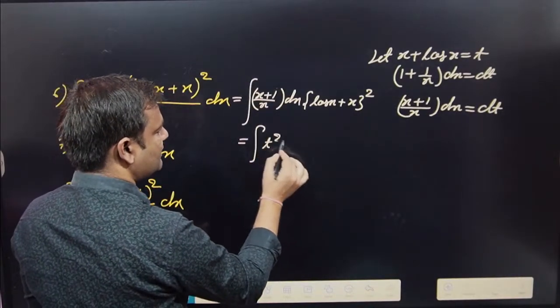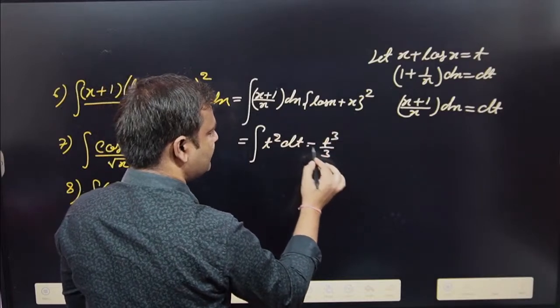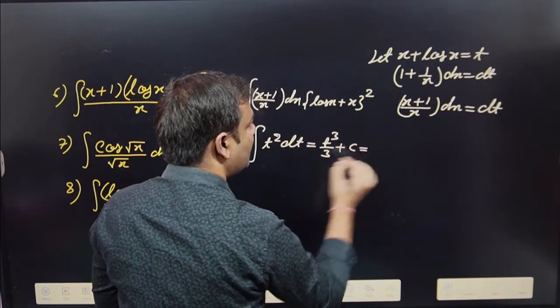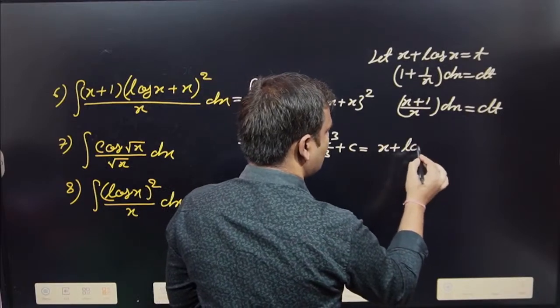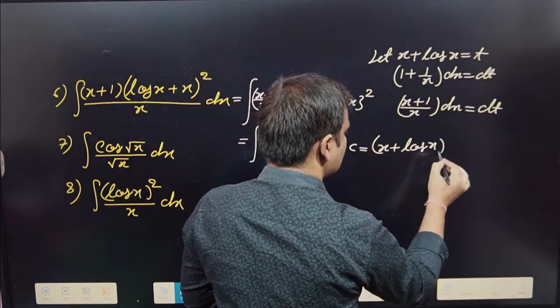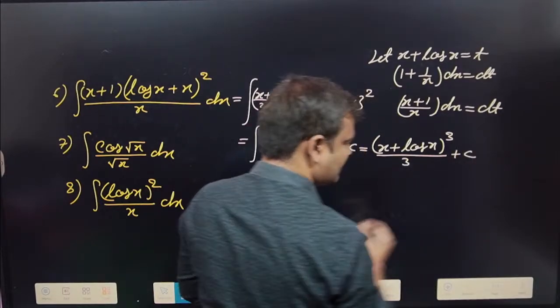So t square into dt gives t cube by 3 plus c, and t is x plus log x. So x plus log x to the whole cube divided by 3 plus c is the right answer.